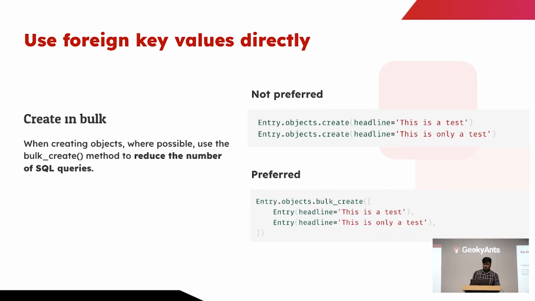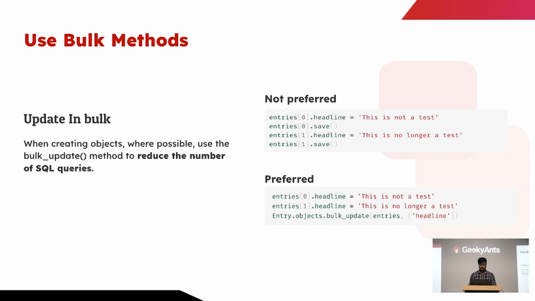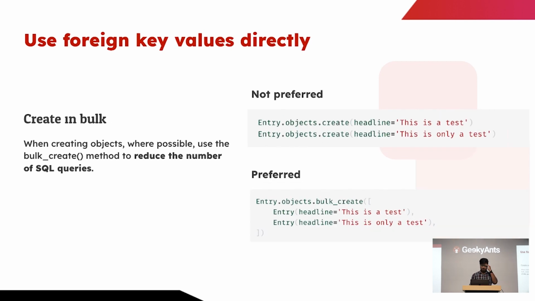So now this topic is bulk methods. When we're creating objects, many times we'll have to create multiple objects. So what do we usually do? We put it in a for loop, and then we say objects.create so and so. That's a very bad way to do it.